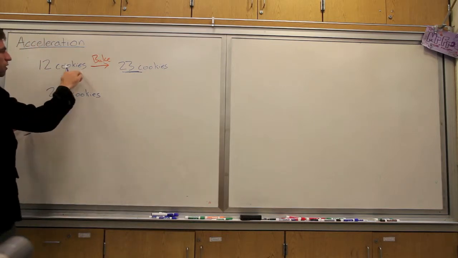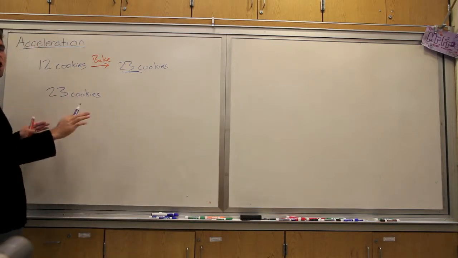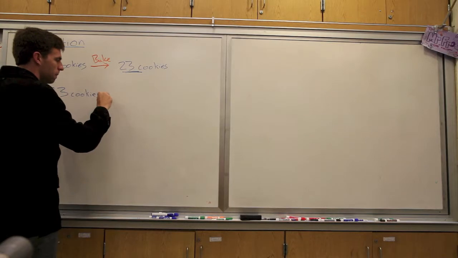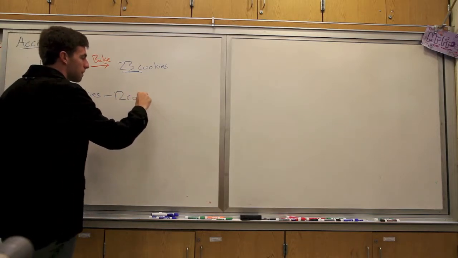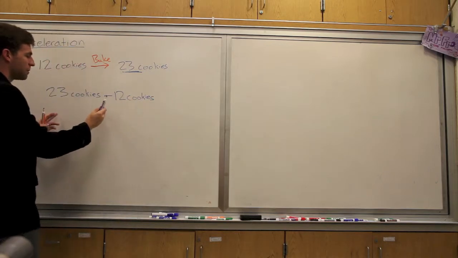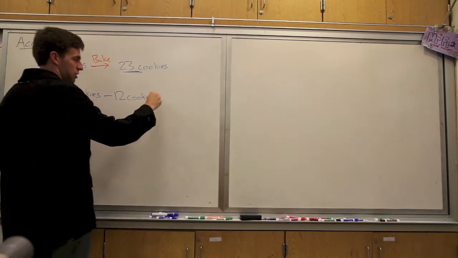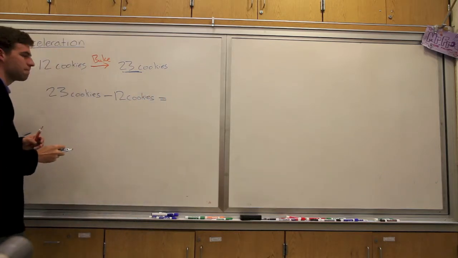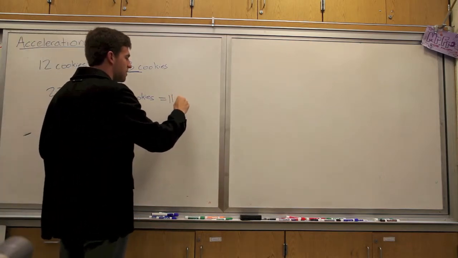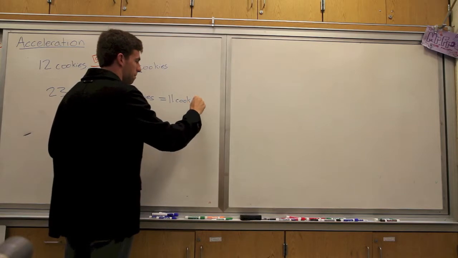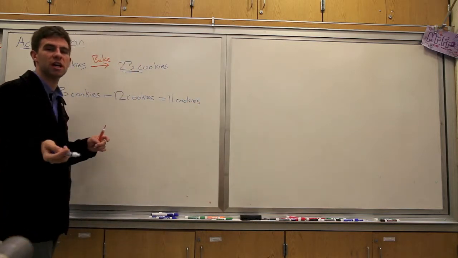So 12 cookies we started with did not take part in the change. Let's subtract those 12 cookies we started with, and all you're going to be left with is the cookies that changed. So 23 minus 12, 11 cookies is how much we changed.